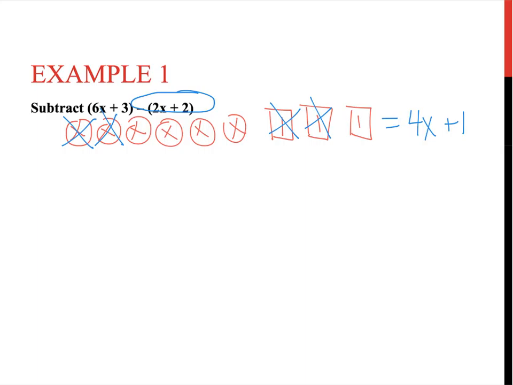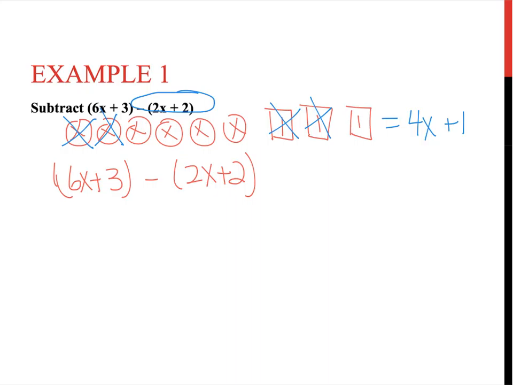So now let's show you how to do it without using a model. Well, we start out with the quantity 6x plus 3, and we want to subtract 2x plus 2. Well, if you remember, when we're using integers, we can add the opposite.